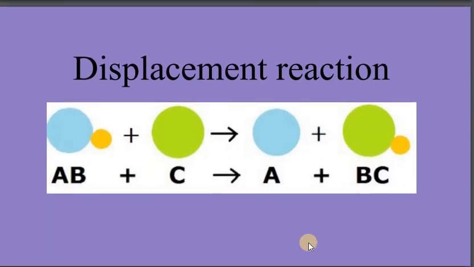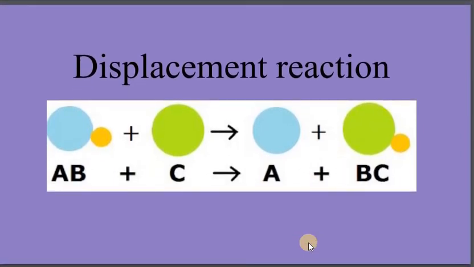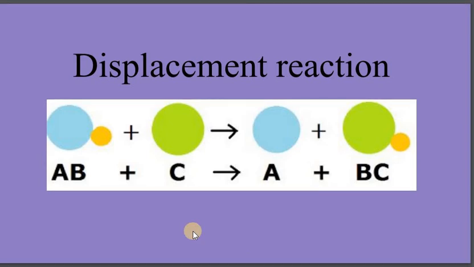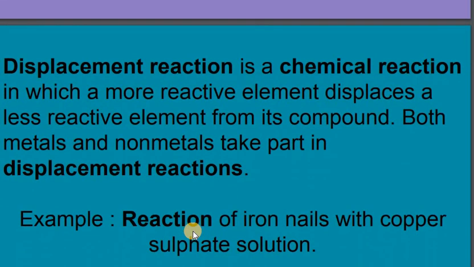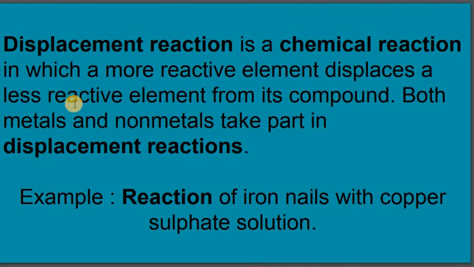Next we'll see displacement reaction. So a displacement reaction is a chemical reaction in which a more reactive element displaces a less reactive element from its compound. Both metals and non-metals take part in displacement reactions.